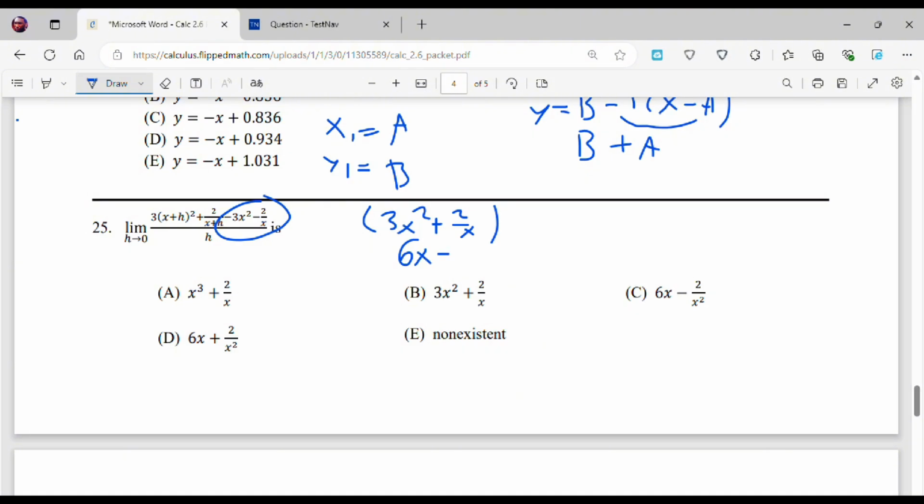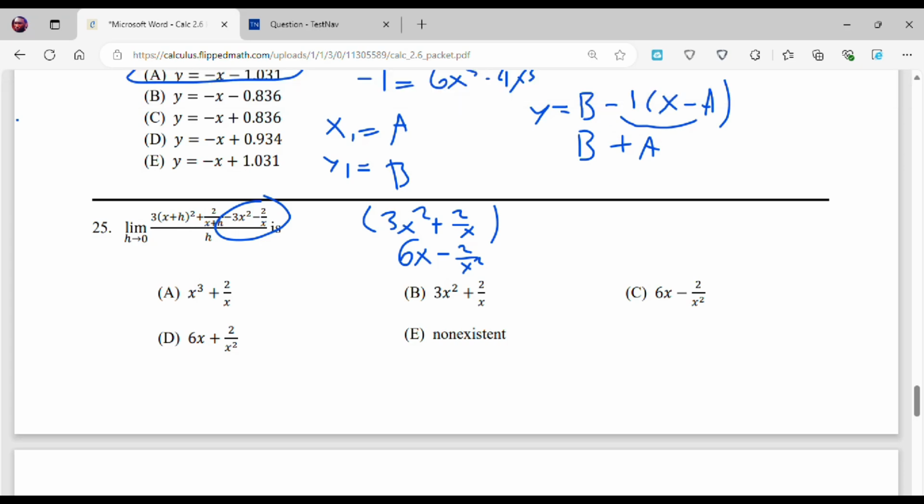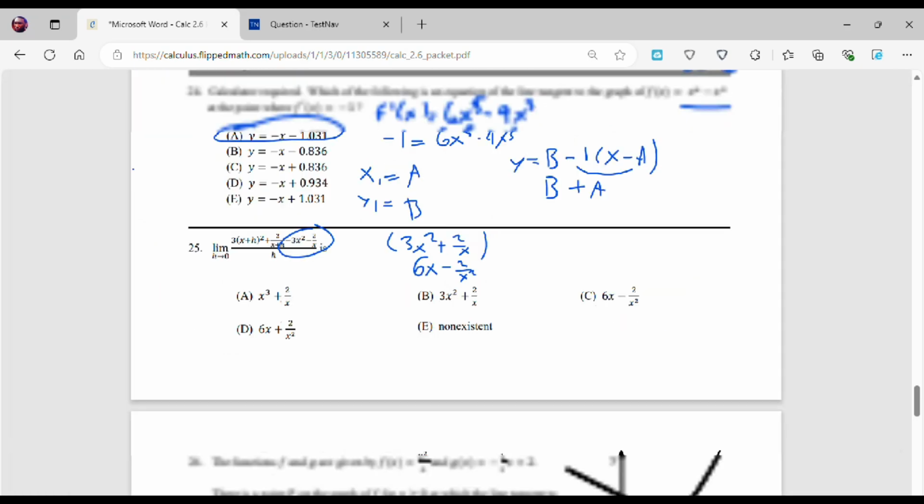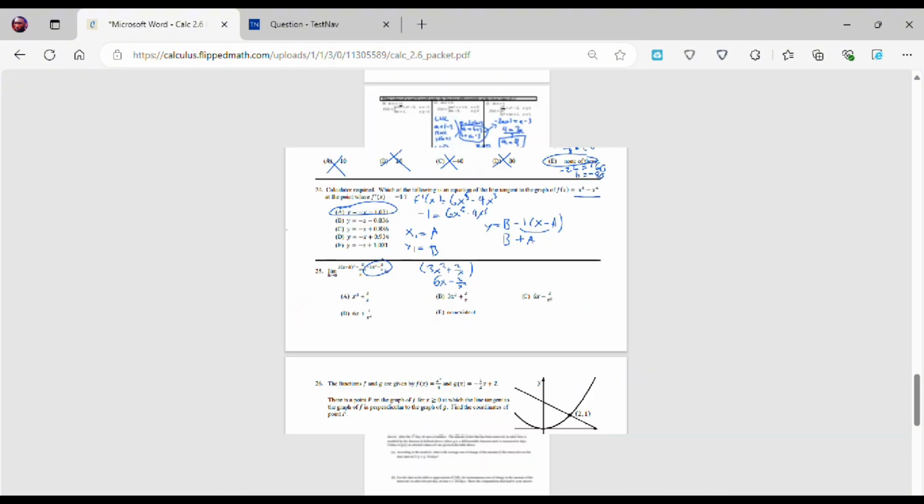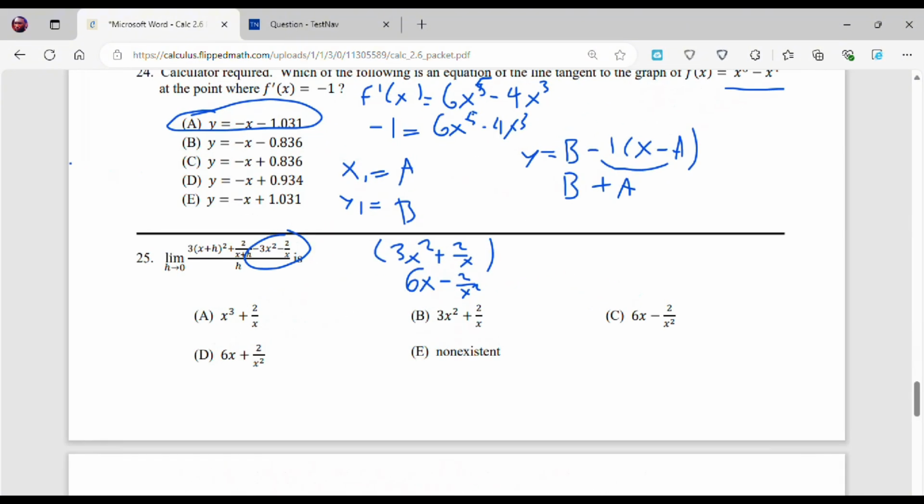And then remember that anytime you have, let's say you have 2 here, or it could be 5, it could be 10, it could be 100, if it's divided by x to the 1 power, that just becomes the same thing but negative. And so our answer is going to have to be C. Oh my gosh, that is annoying. Okay, C. Wonderful.